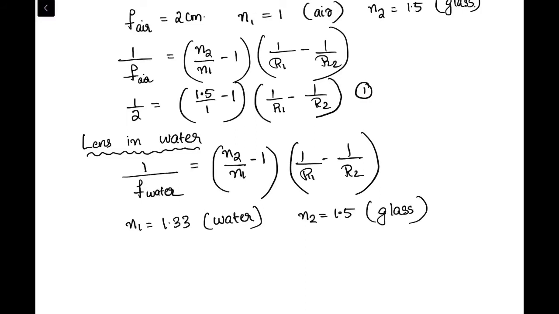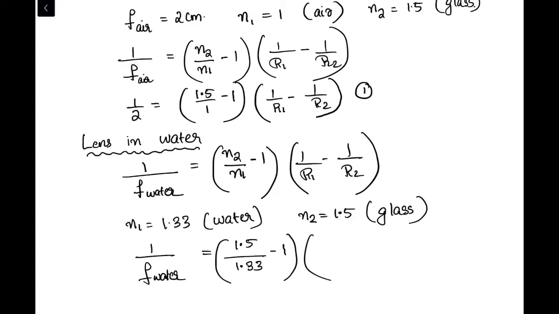Now let's write down the equation. 1/F water, that's what we have to calculate, equals (1.5/1.33 - 1)(1/r1 - 1/r2). That will be our second equation.